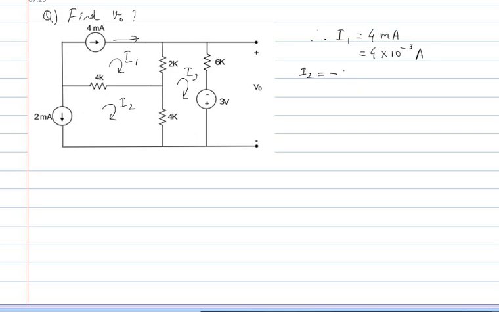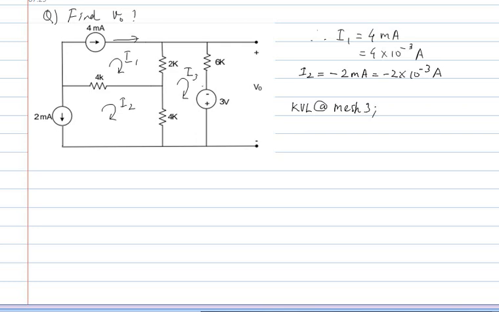So this is going to be minus 2 milliamps, which we can write as minus 2 into 10 raised to power minus 3 amps. There is no need for us to write 10 raised to power minus 3; we can just write milliamps, it does not matter. But for those who may find it confusing, I am writing it in its ampere form. So I1 and I2 are done. Now what is left is only I3. So let us write the KVL at mesh 3.